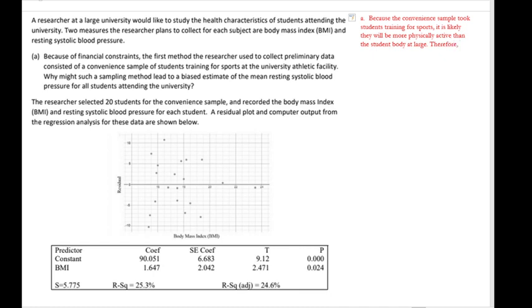Therefore, this sample will likely show a lower systolic blood pressure than we would get from a random sample.